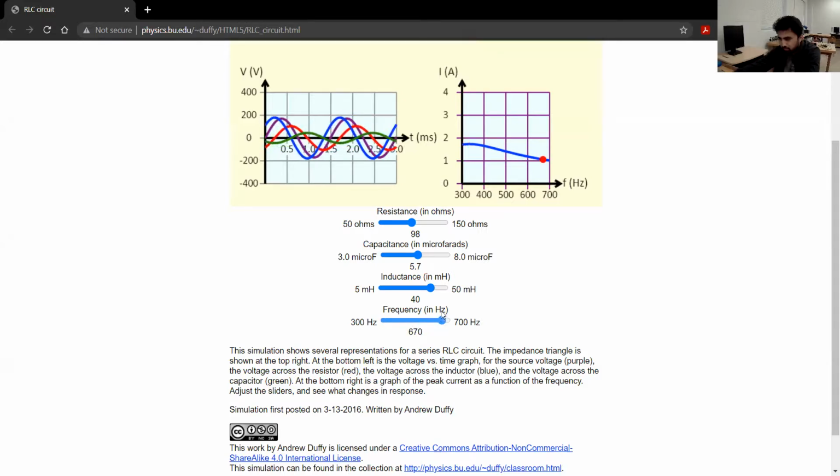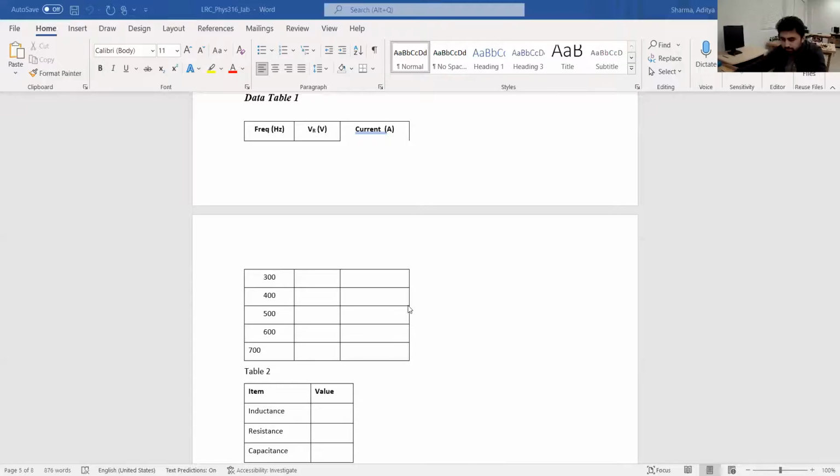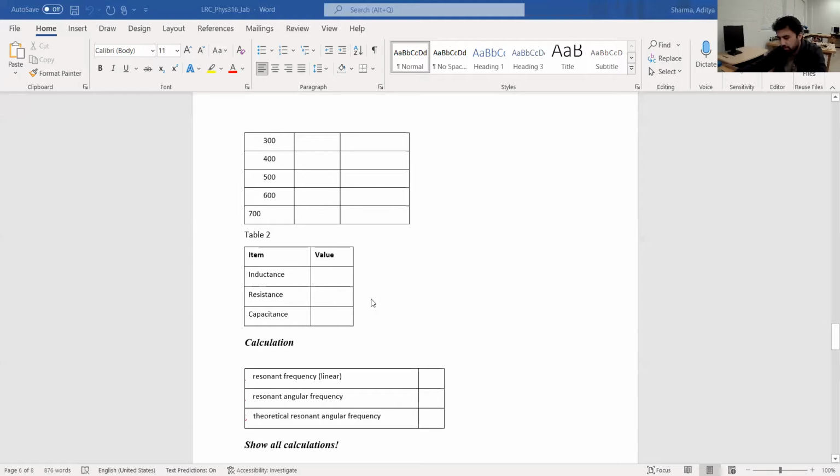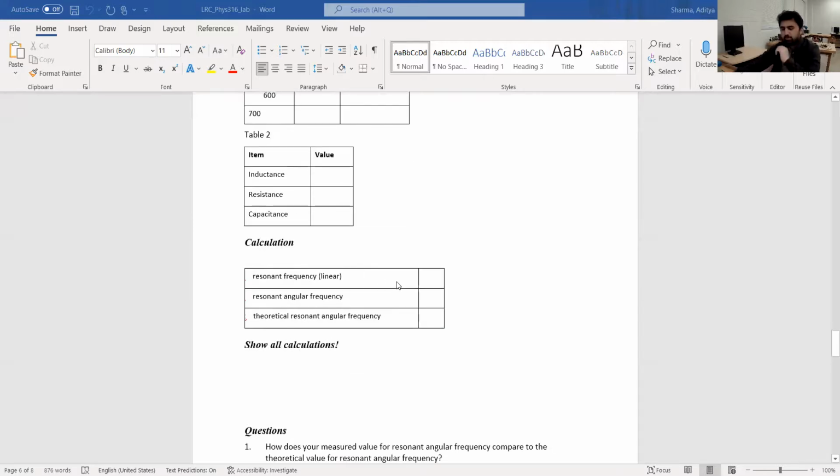Yeah, at some point it will be equal to the resonant frequency. And then I think you write down the inductance, resistance, and capacitance, and you find the theoretical resonant angular frequency. So one you get from the plot, and one you find out with the equation.